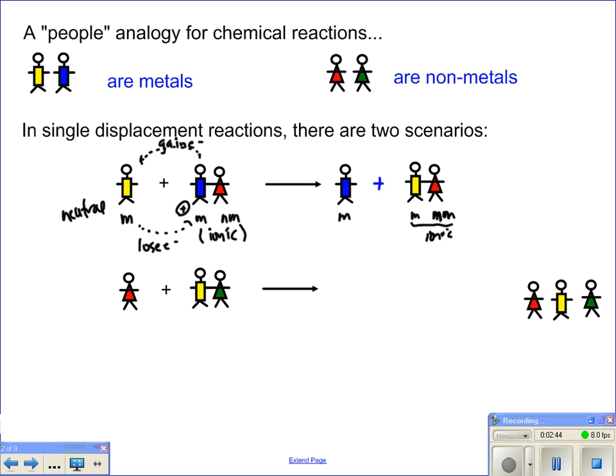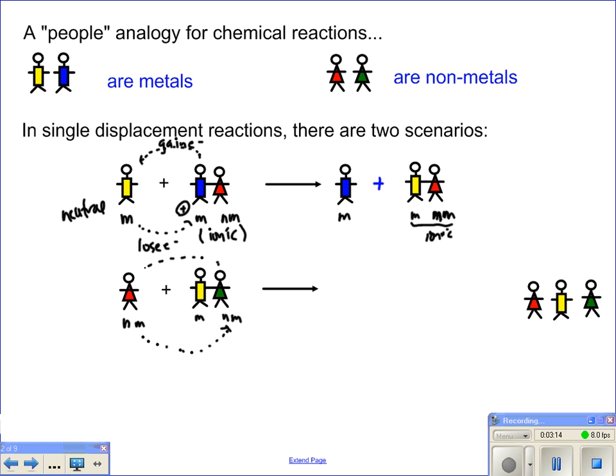So the other scenario is similar in that one bumping can occur. In this case, instead of focusing on the gentlemen or the metals, we're going to look at some non-metals. So let's assume that red is a non-metal element, and so is green. And yellow is a metal element, and non-metal red is interested in taking the other non-metal's spot and dancing with yellow.